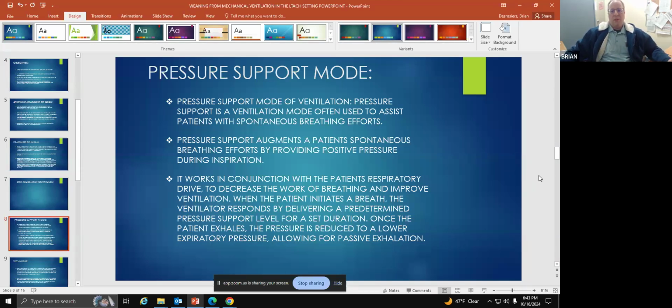Or sometimes what I like to see when I review a patient for our facility is for them to be already weaning in the pressure support mode, or at least be doing some spontaneous breathing. So that kind of explains the pressure support mode a little bit.